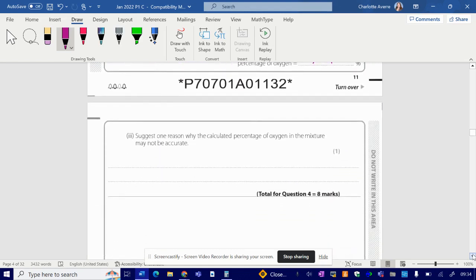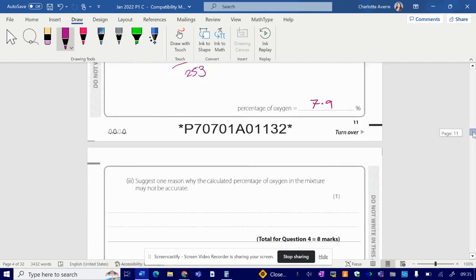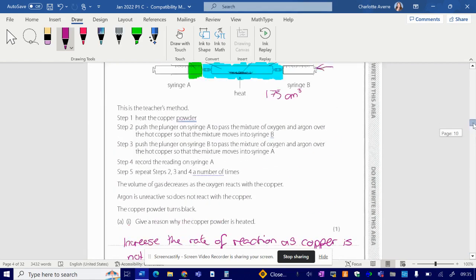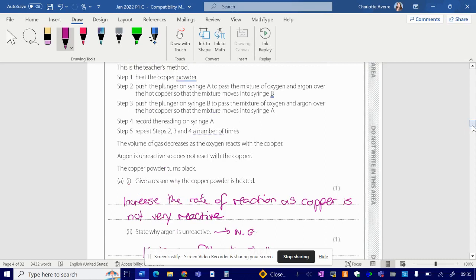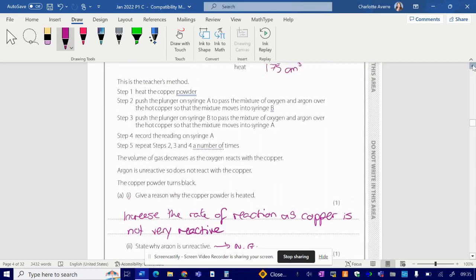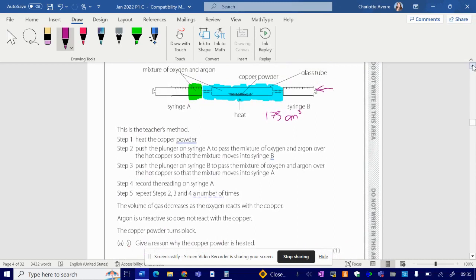Suggest one reason why the calculated percentage of oxygen in the mixture might not be accurate. Okay, so if we go back up to the top, read their method. Have they done anything wrong? Not really. They've repeated it.